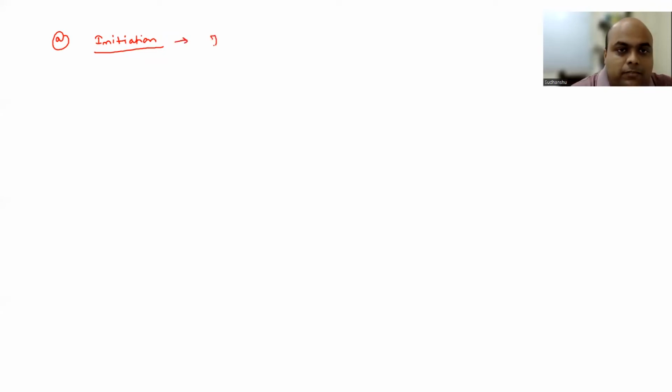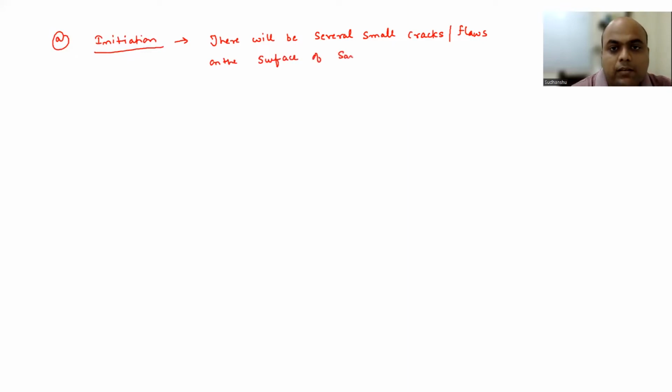So there will be several small cracks, flaws on the surface of the sample. So if you're doing a fatigue test, you have samples, they will have lots of flaws, surface defects.